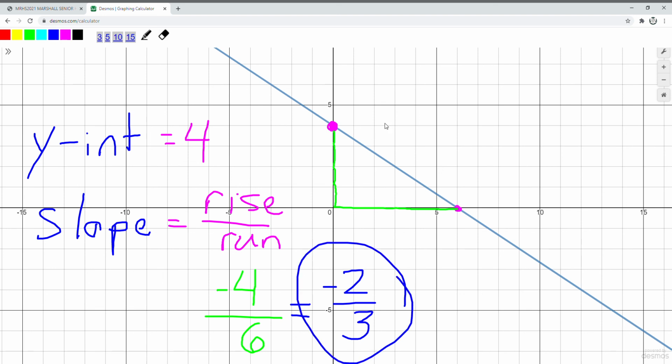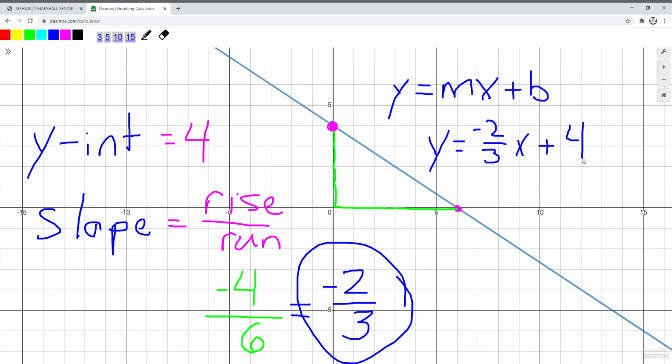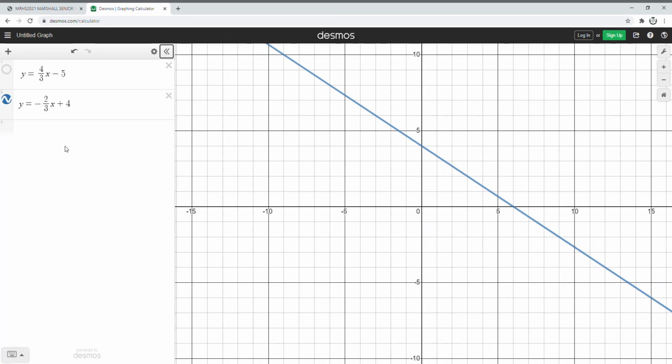So to fit my y = mx + b format, I can replace m, the slope, with -2/3, and replace b with 4. So hopefully that matches the equation I typed in here, y = -2/3 x + 4. Let's find out. Look at that, y = -2/3 x + 4.